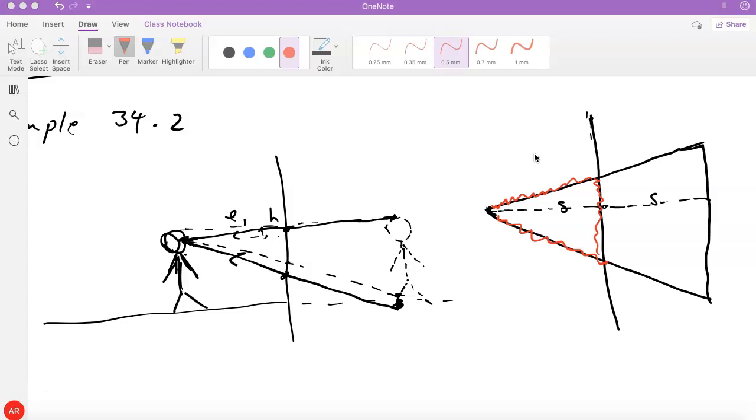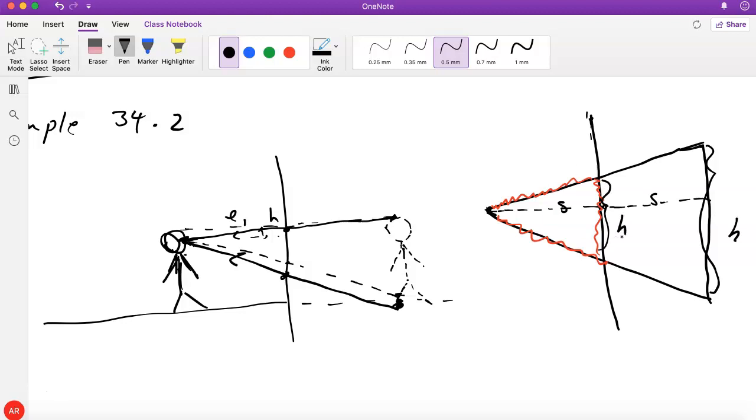So one has dimensions that's twice the other. So if this has a side h from here to here, I must have h over 2. And that's the minimum height of the mirror, right? If we place it in the right place, that's the minimum height it should have.